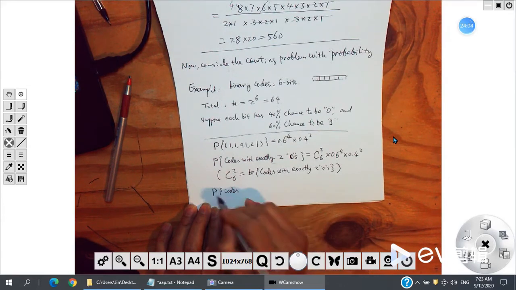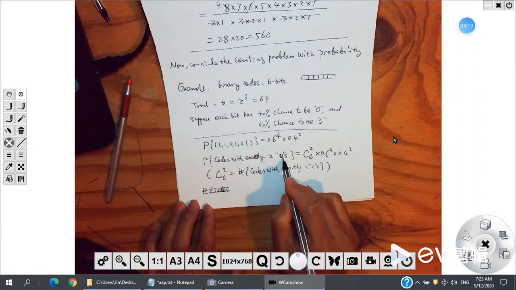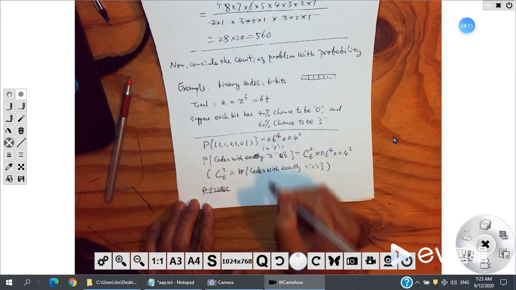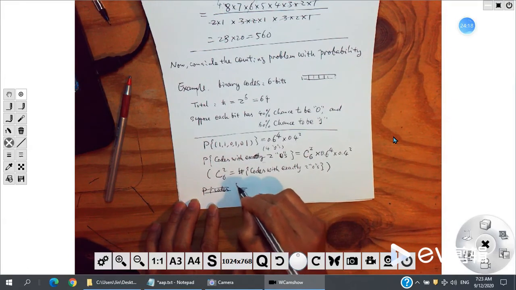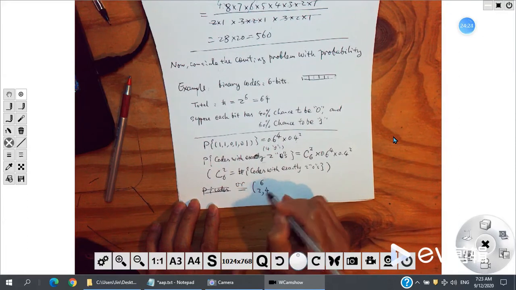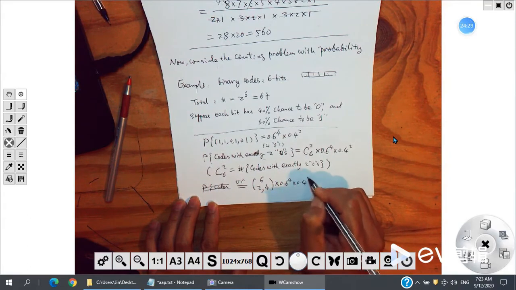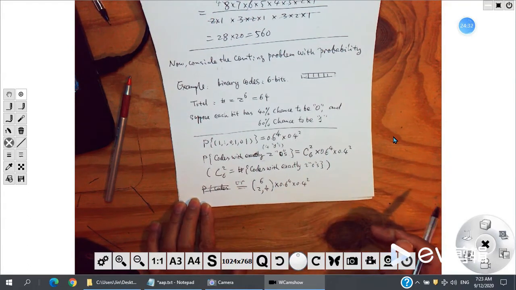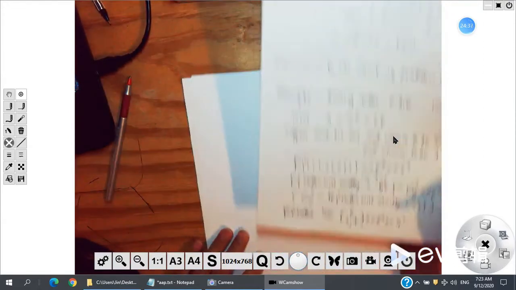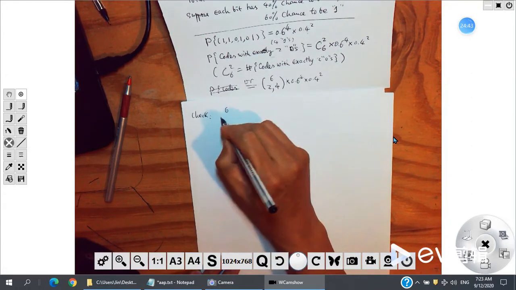We can also calculate it in another way. I have 2 zeros. That means we have 4 ones, right? So we can also write it like this: totally 6, 2 are zeros and 4 are ones, and still times the same. These two should be the same. You can check.